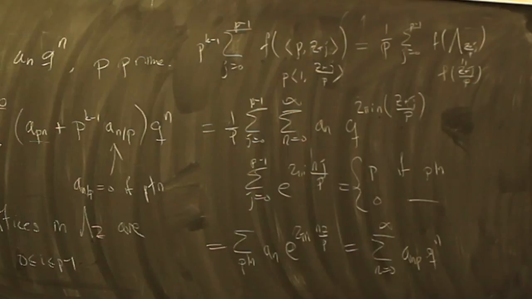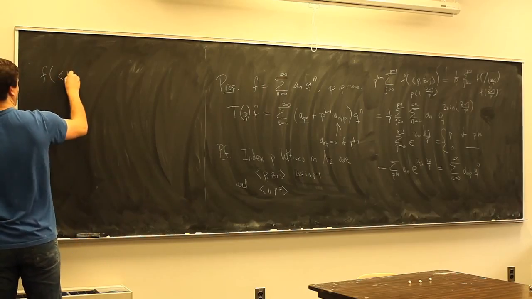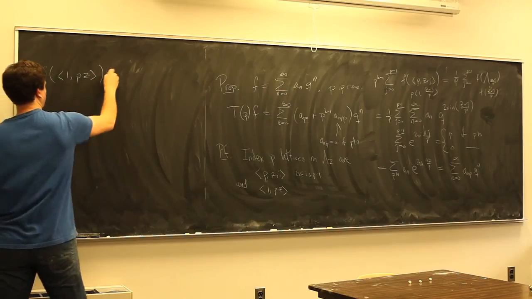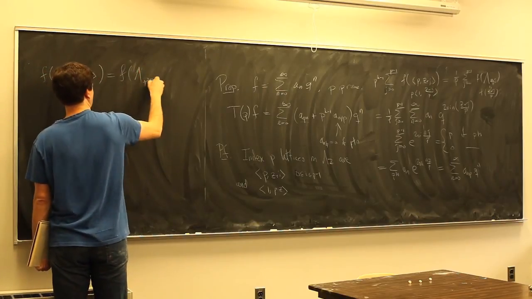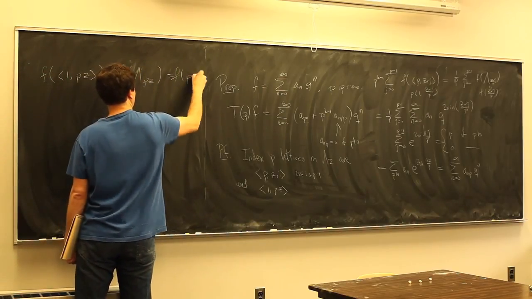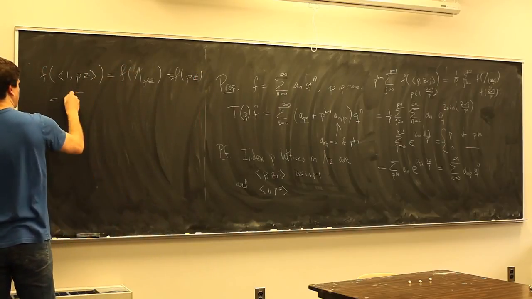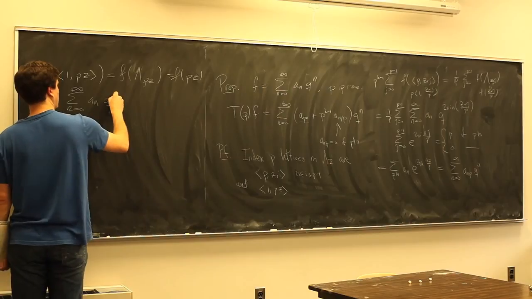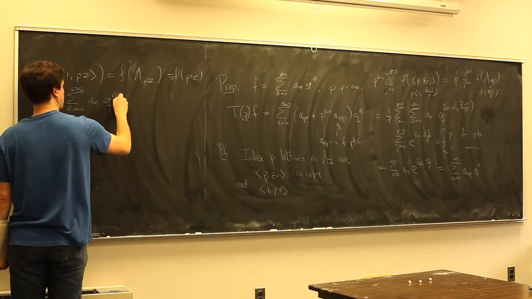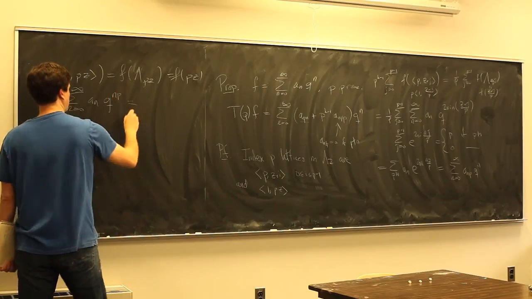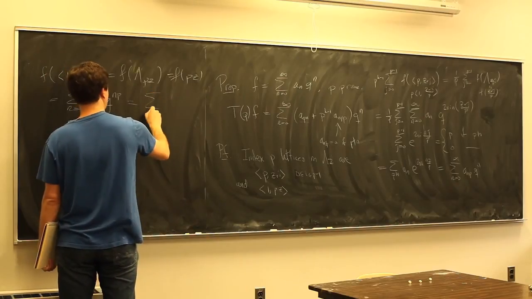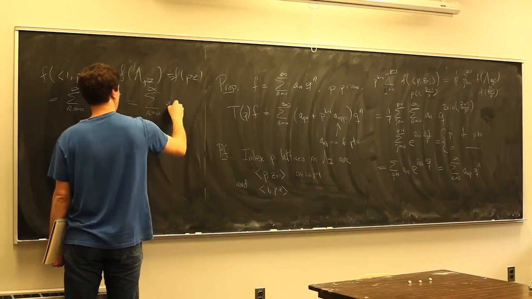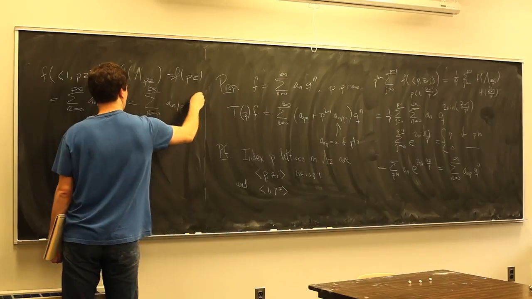All right, and then the other term that we need is this. So f of 1, pz, well, this is f of the lattice Lambda sub pz, which is f of pz. And that's the sum from n equals 0 to infinity of a_n q to the np, which I can just write in other notation as the sum from n equals 0 to infinity of a_{n/p} q to the n.